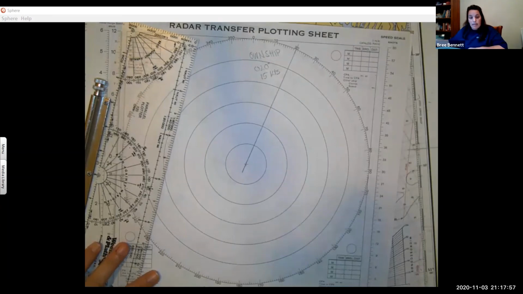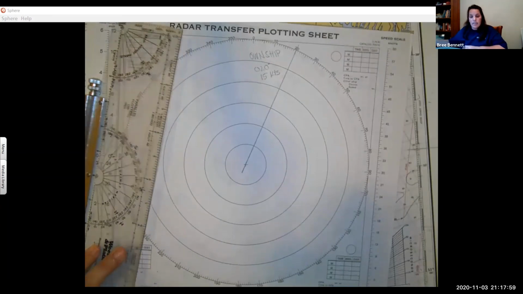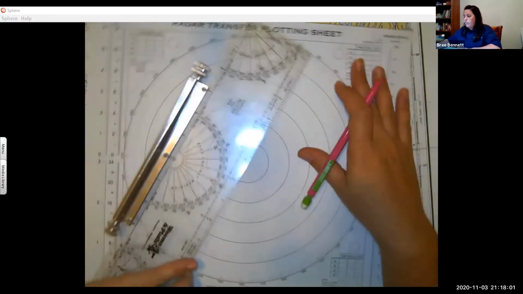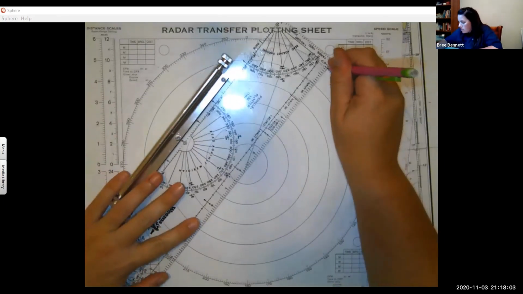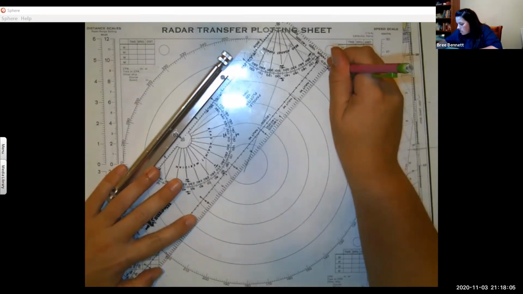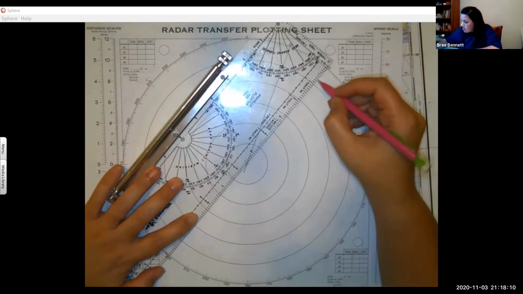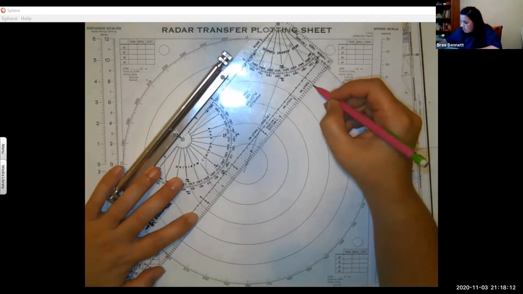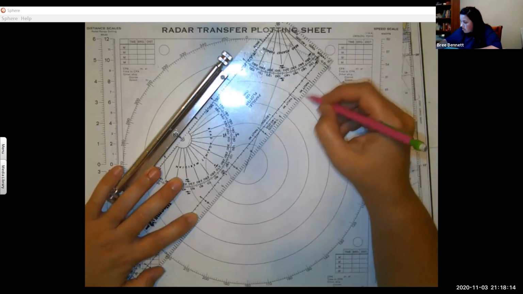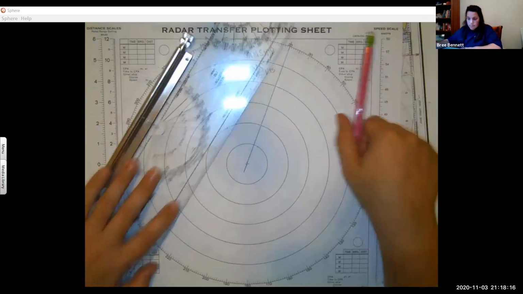Then I'm going to plot my 8 o'clock. I sight a target bearing 040 at 9.1. Plot that.